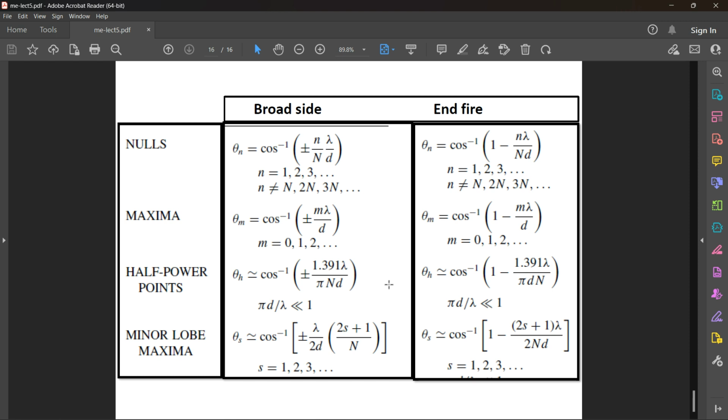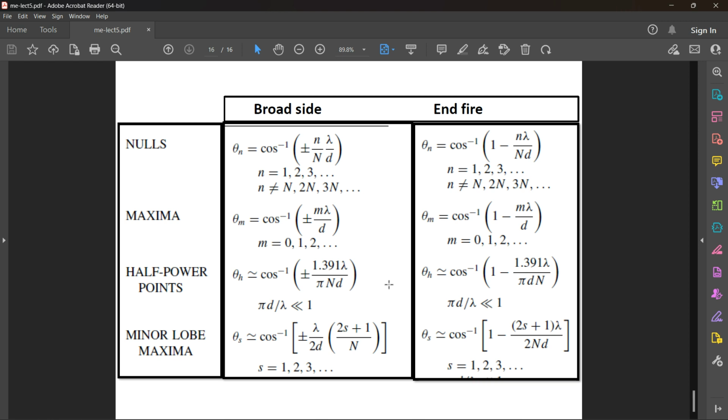The values have been consolidated over here. Nulls occur at theta n equal to cos inverse of plus or minus n lambda by nd, where for endfire array, where the angle shift is occurring, 1 minus n lambda by nd will be given. Like that, maximum occurs at theta m equal to cos inverse of plus or minus m lambda by d. For endfire array, it is cos inverse of 1 minus m lambda by d.